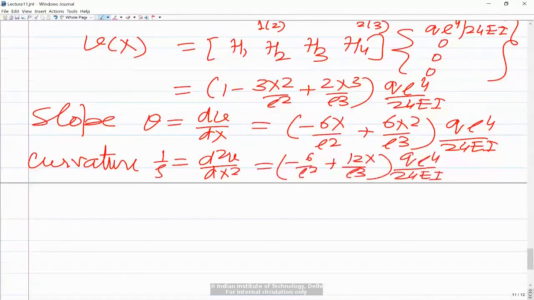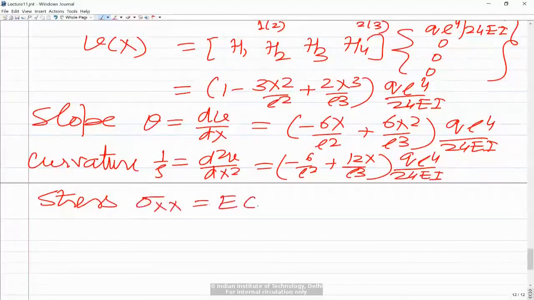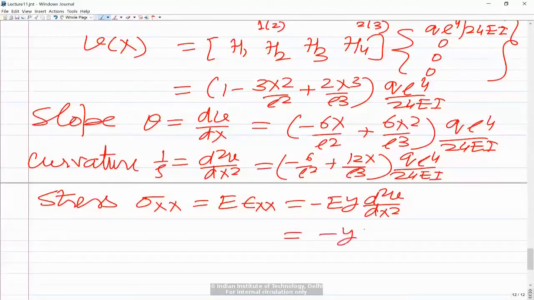Then if you look at the stress, sigma xx, the normal stress along x direction, is E times epsilon xx, and this is equal to minus E into y into d2v by dx square. If you put the values, finally minus y into minus 6 by l square plus 12x by l cube into q l power 4 upon 24 I. So this is what you will get.